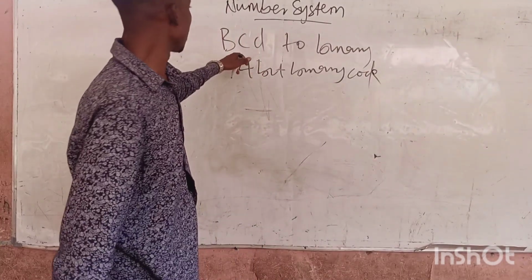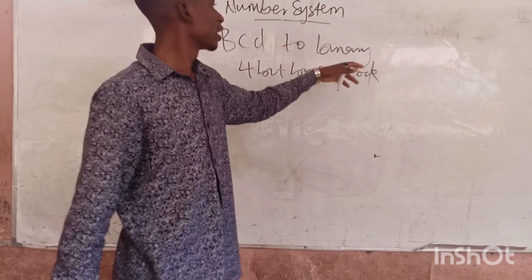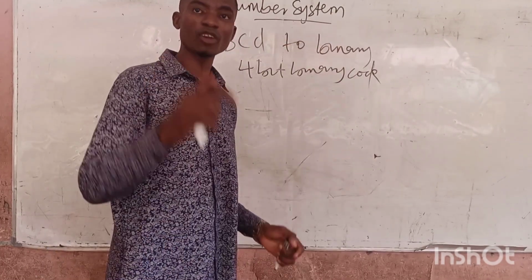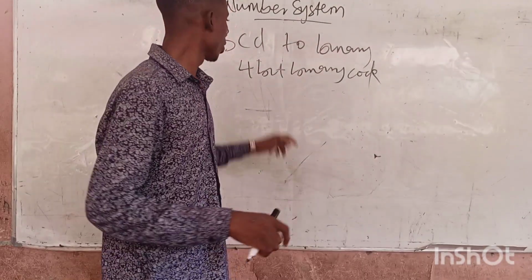So BCD is a type of number system that represents the decimal numbers with 4-bit binary code.